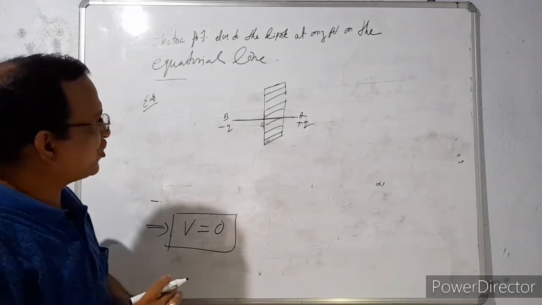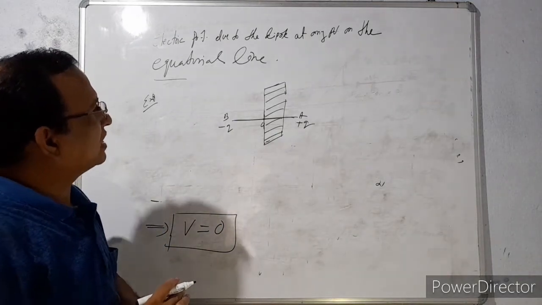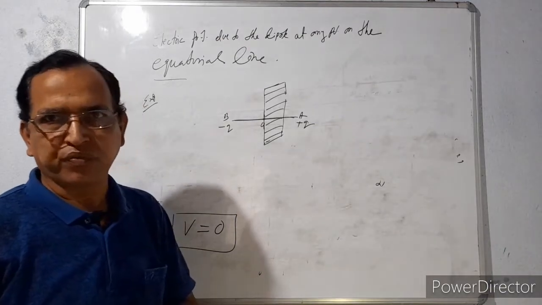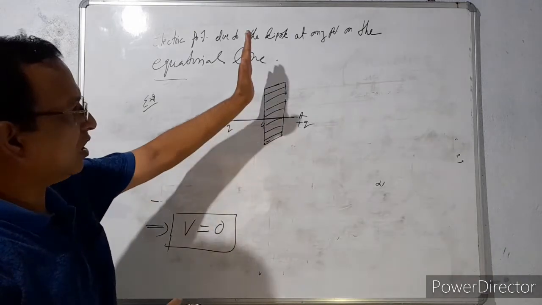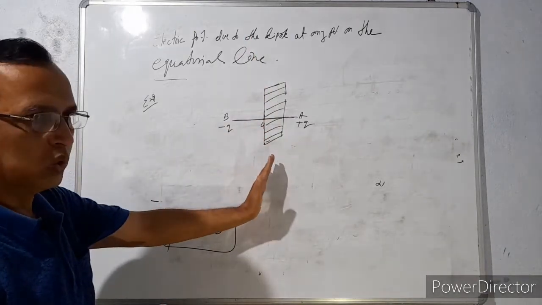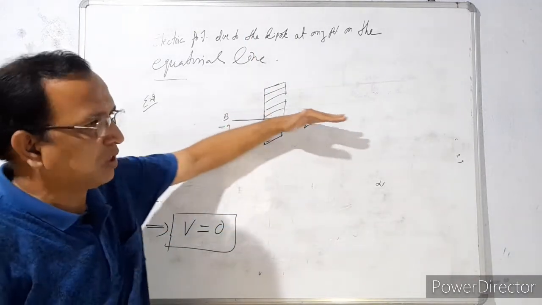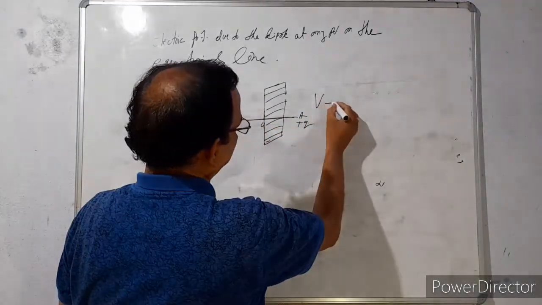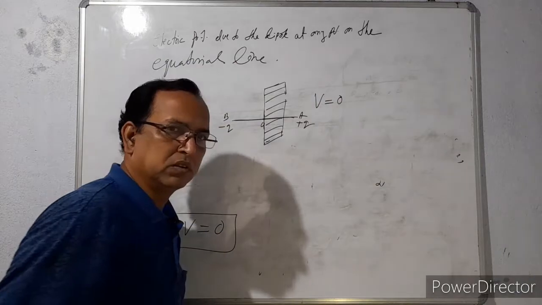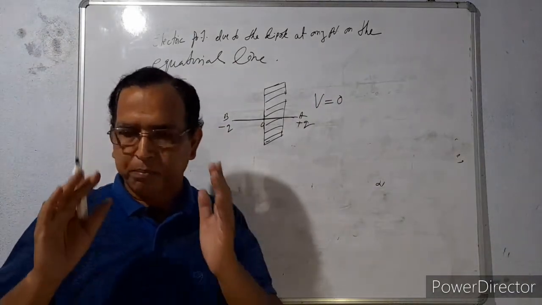What is the potential at this position? As this plane is perpendicular to the axial line also, in this case also the potential is 0.